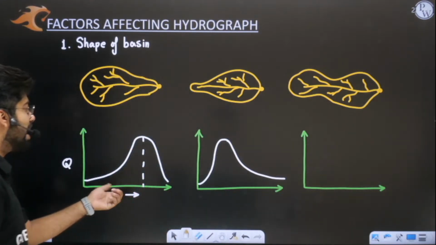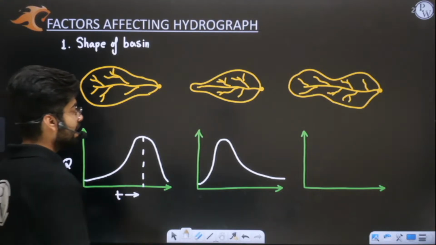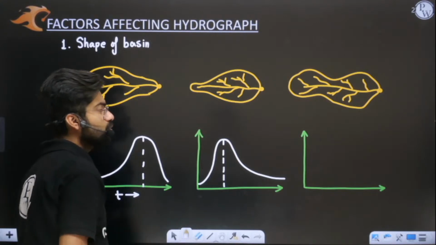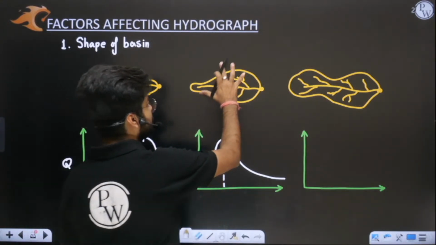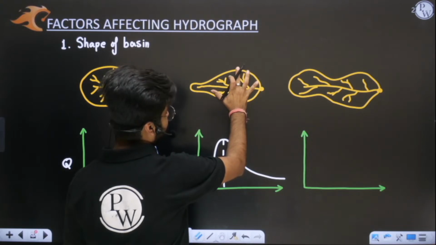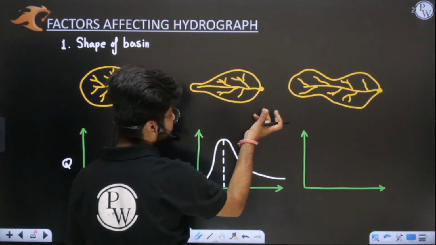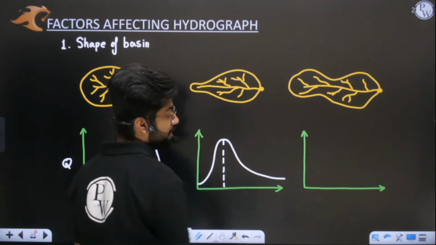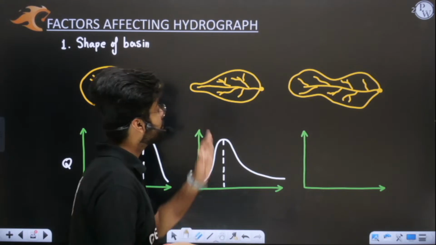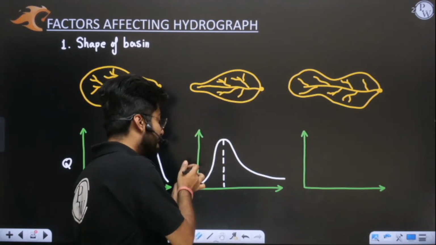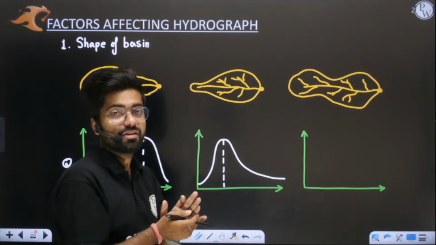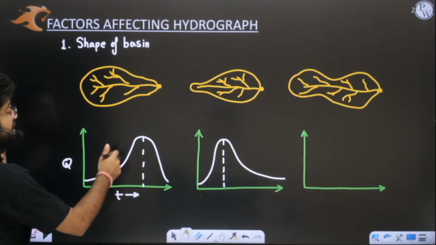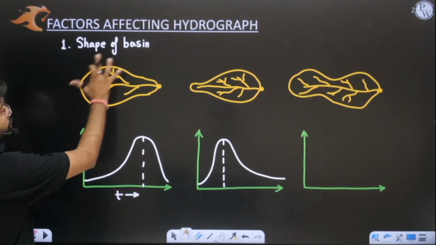So here the peak is delayed, and here the peak happens at a quicker stage, because the larger area is near the outlet and the hydrograph increases sharply in the beginning.